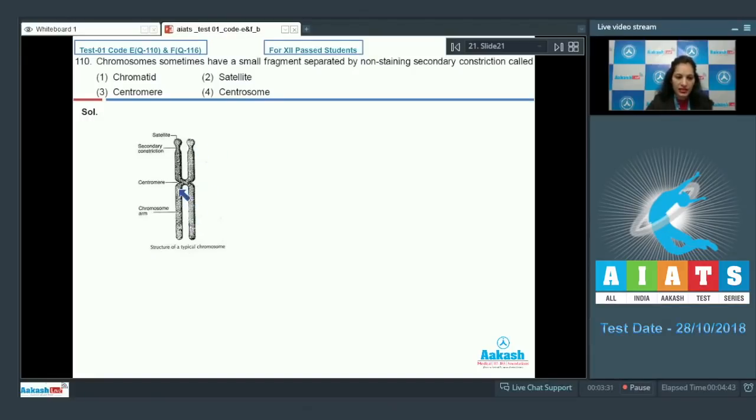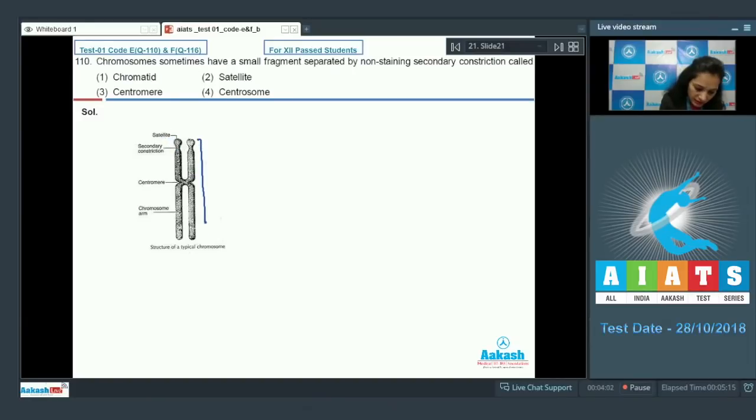This is one chromatid and this is the second one. Each chromosome has a primary constriction called the centromere. Sometimes some chromosomes have a secondary constriction also. Beyond the secondary constriction, the part of the chromosome is known as satellite, as shown in this figure.